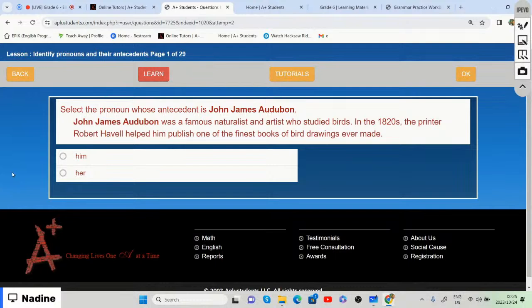So we need to select the pronoun whose antecedent is John James Audubon. And if I reread it, it says John James Audubon was a famous naturalist and artist who studied birds. And in the 1820s, the printer Robert Havell helped him publish one of the finest books of bird drawings ever made.